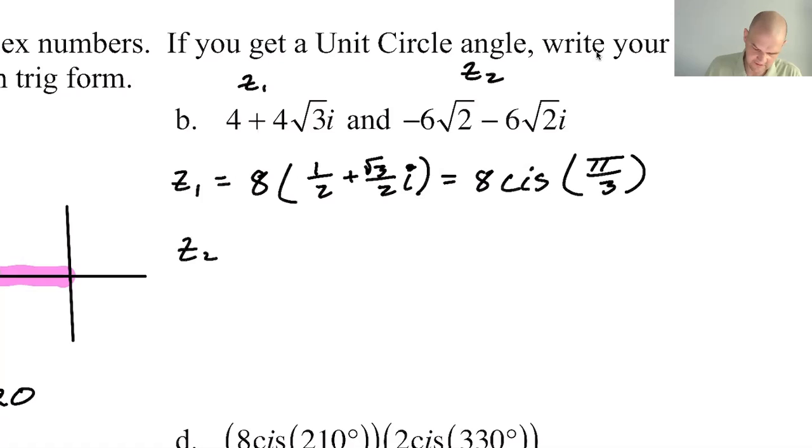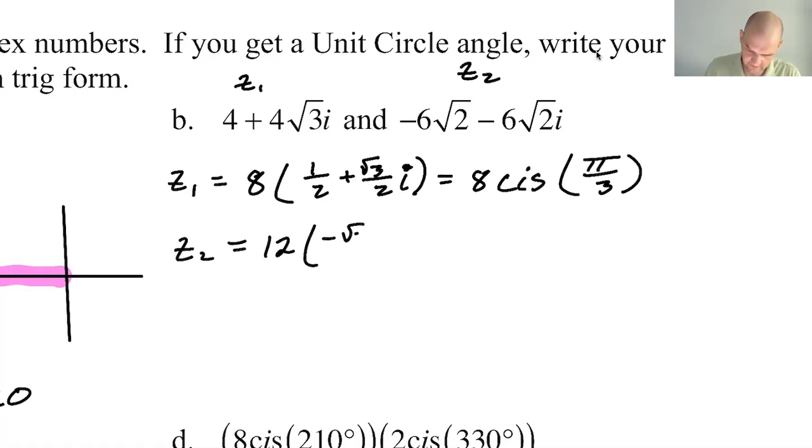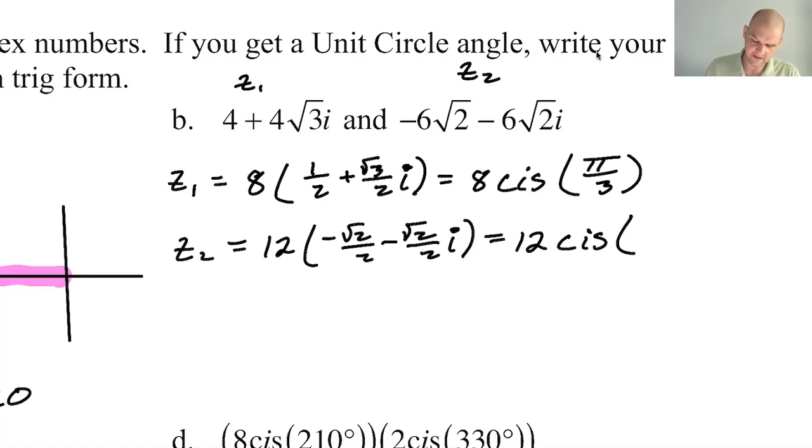And then Z2, if I divide by 12, will give me a unit circle point. So I'm going to say it's 12 times negative root 2 over 2 minus root 2 over 2i, which is 12 cis 5 pi over 4.